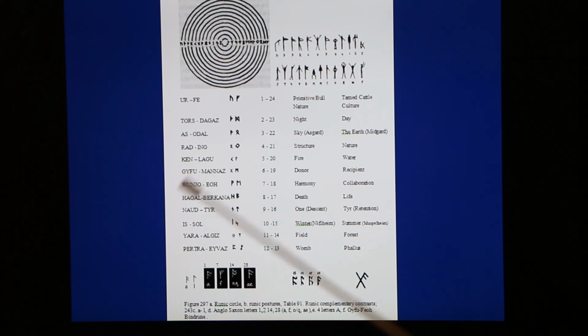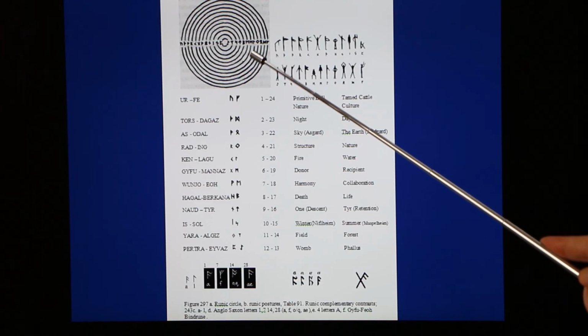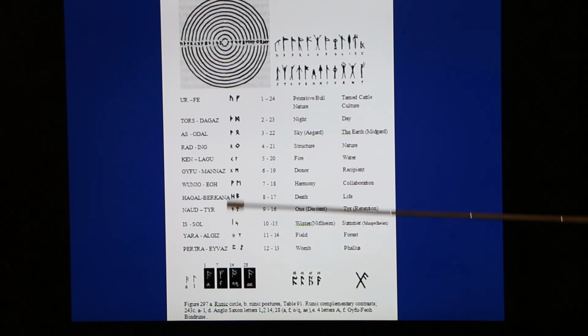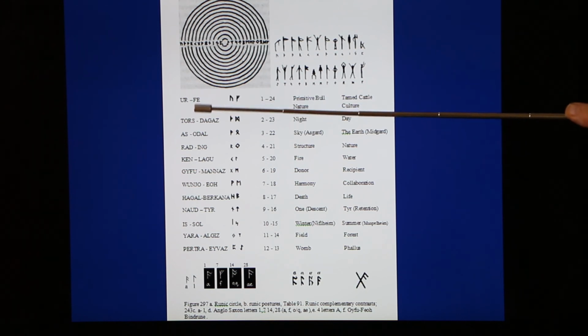So what do you start with to get going? Please excuse the seeming vulgarity, but we begin in the middle, because that's where both the male and the female parts are that lead to our birth. So we begin in the middle, and as we move outwards, we go to field and forest, fire, nature, culture, and finally primeval bull and tamed cattle.